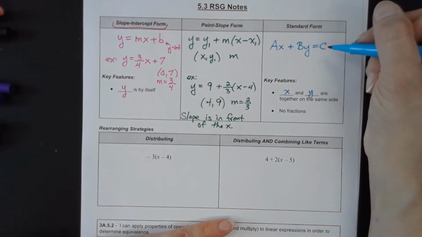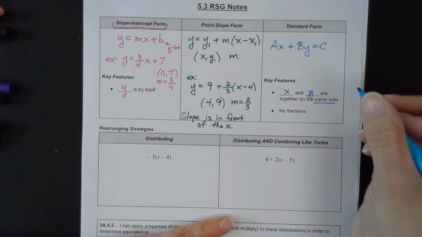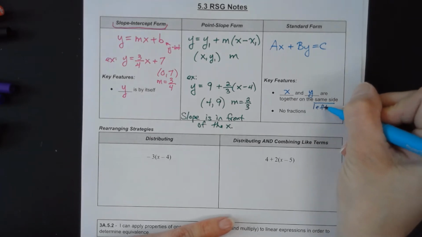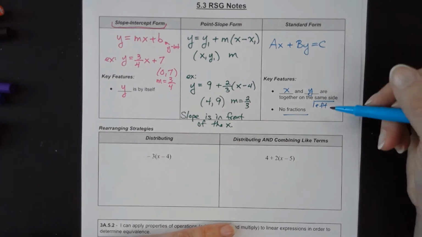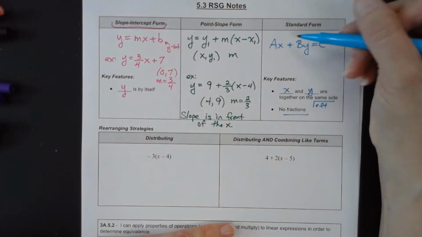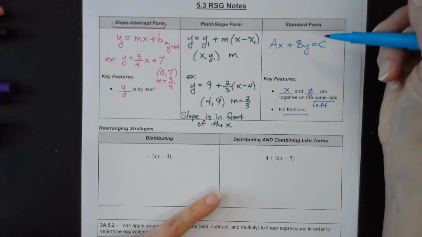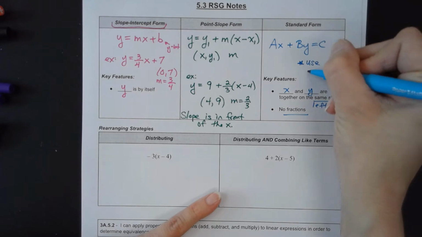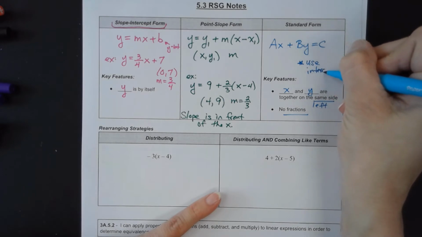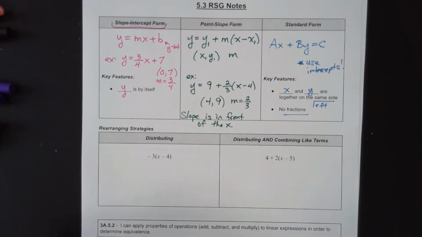But over here, we have x's and y's on the same side, and it's usually on the left side. And there's no fractions. There's no fractions? Well, then which one's the slope? No, there's no slope. Remember, in this form, we use intercepts. We use the x and y intercept to graph the line, which was kind of fast and really fun.